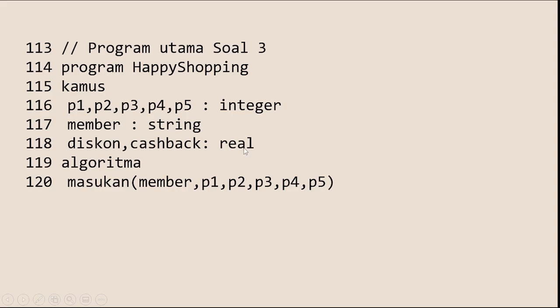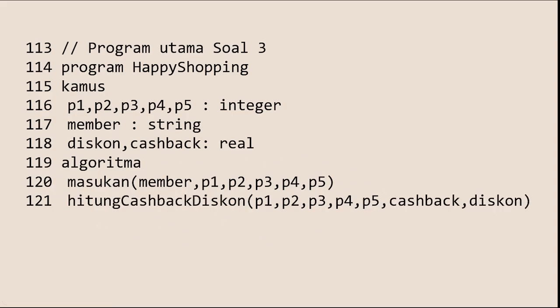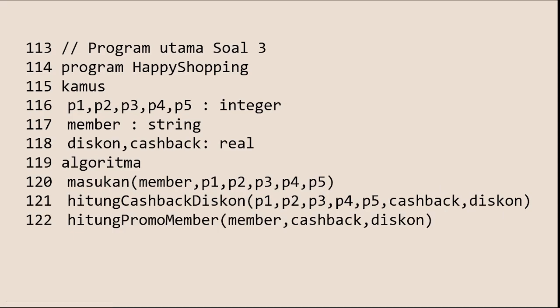After this we just call all of the subprograms that we already created. For example, the first one is the procedure to get input from the user, and then after that we process the points that we were given using the second procedure. It will fill up the cashback and discount values, and after that we will check if the customer is a member or not.